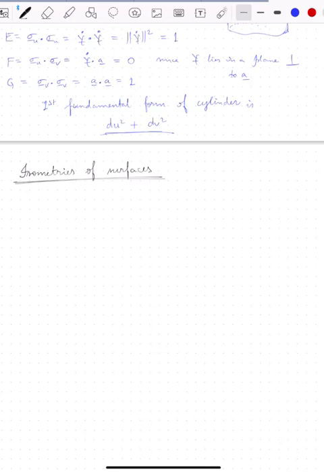Now, what do we mean by isometry? So an isometry is a mapping which preserves the lengths of curves. So that's what it happens to be.